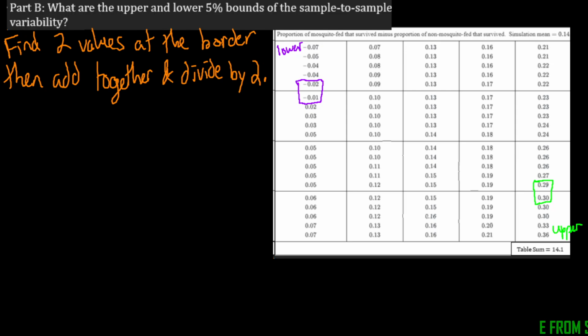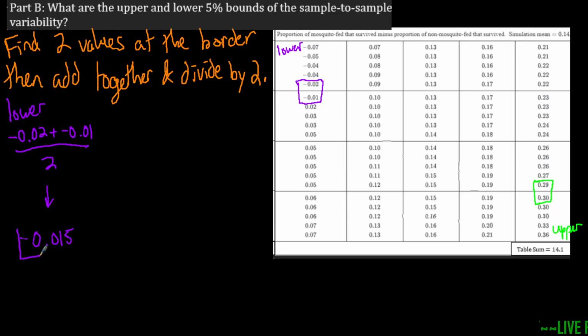Let's do one piece at a time. I'm going to do the lower bound. Let me take those 2 numbers: negative 0.02 plus a negative 0.01. Add them together, divide by 2. What this ends up being is negative 0.015.